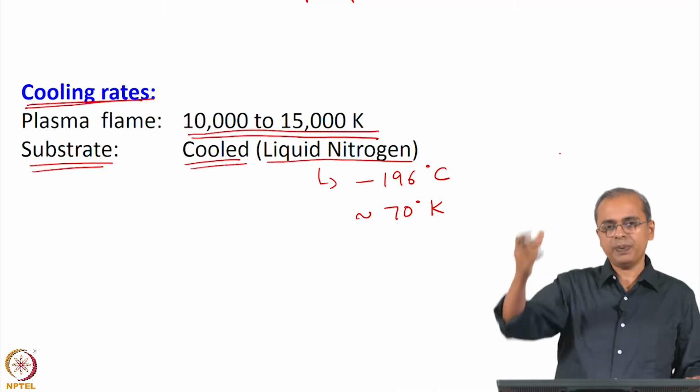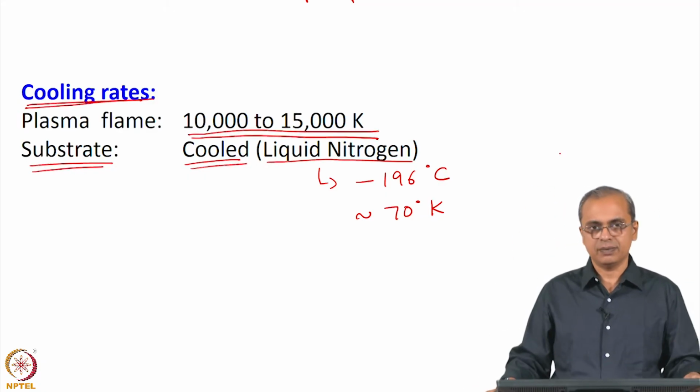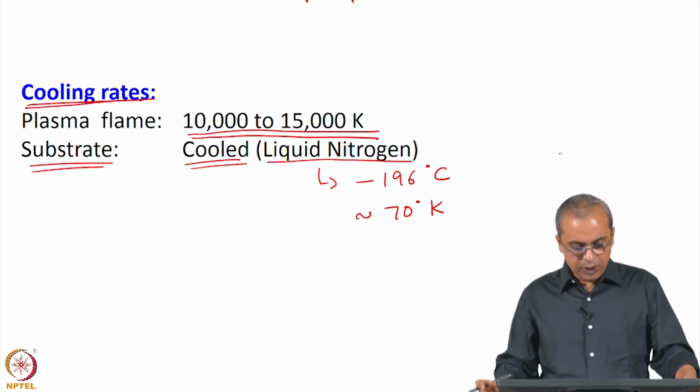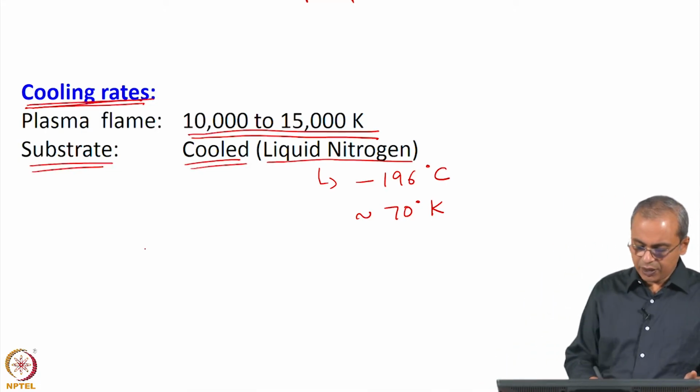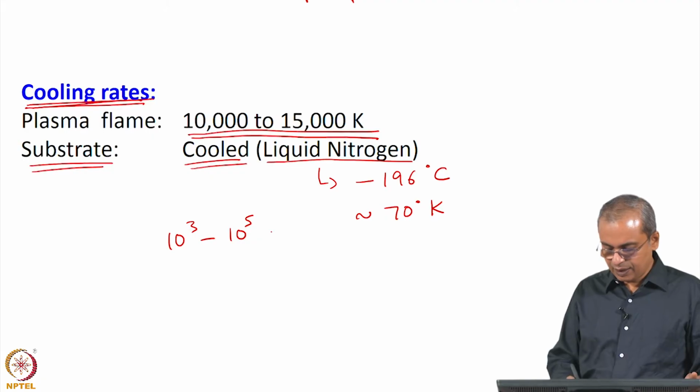So, you are basically dropping about 12,000 degrees of temperature almost instantaneously. Okay. So, the cooling rates are huge. The cooling rates we are looking at are of the order of 10 power 3 to 10 power 5 Kelvin per second.